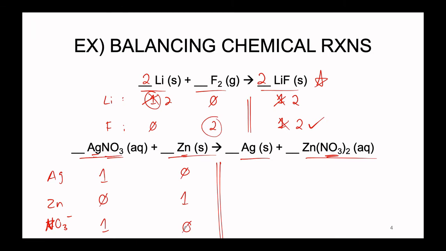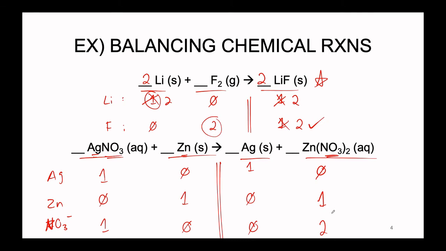On the product side, we have 1 silver, no zinc, no nitrate, as well as in our last species, no silver, 1 zinc, and 2 nitrates. So the presence of this 2 on the nitrate is our first clue that there's a discrepancy, because it looks so far like the silvers and the zincs have equal numbers on each side.